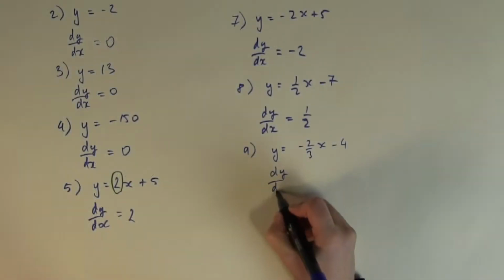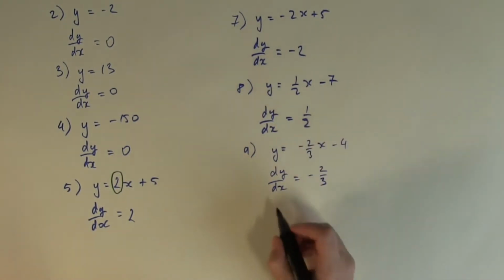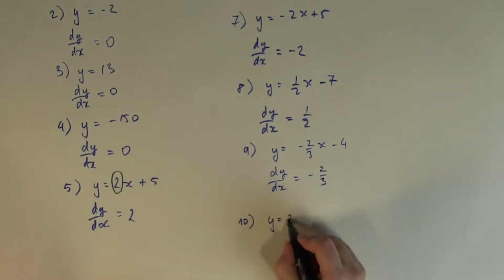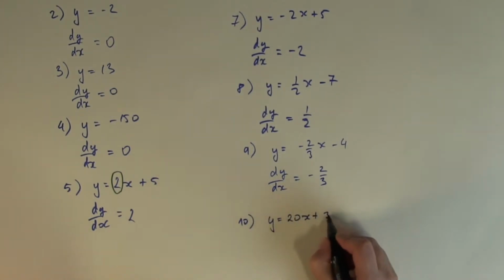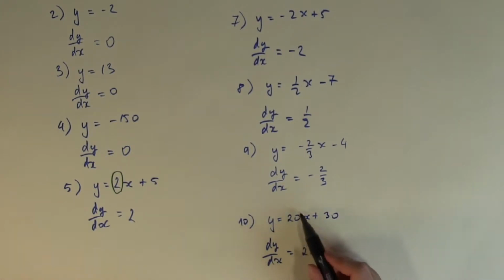So the derivative is minus 2/3, the coefficient in front of x. And the last example, y equals 20x plus 30. So the derivative is 20 because that's the coefficient, or number, in front of x.